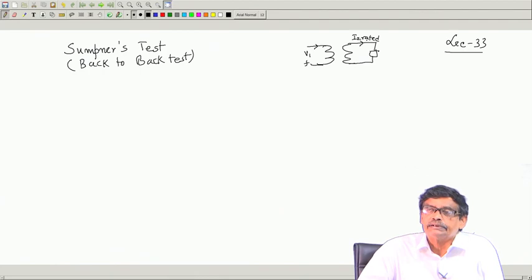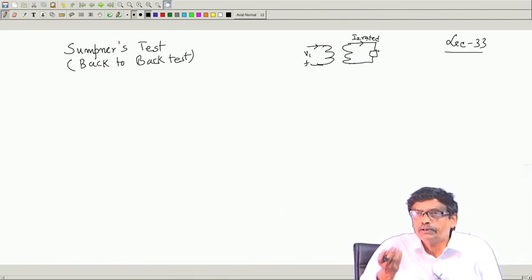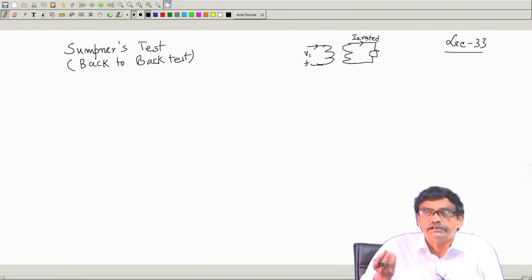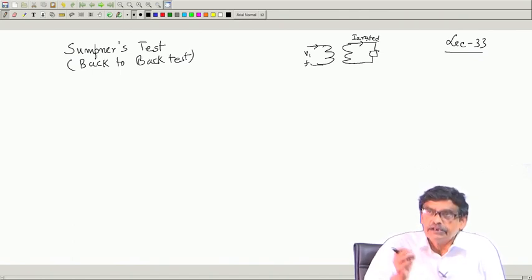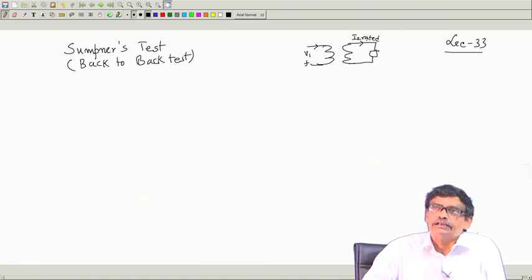Not only that, during the open circuit test, from the source you are drawing only the core loss power. During the short circuit test, what is the burden on the supply? Very little power, corresponding to the short circuit test.